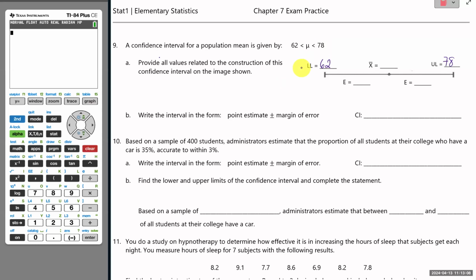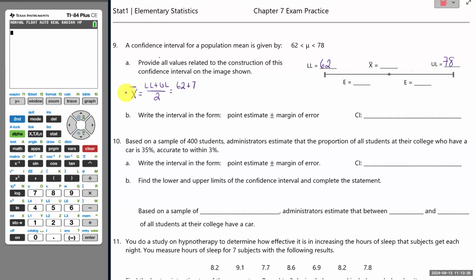All right, and we'd like to find the point estimate, the sample mean, and the margin of error for the confidence interval. So let me start with finding X bar, the point estimate. The point estimate will be in the center of that confidence interval. So if we take the lower limit and the upper limit, add those and divide by 2, we'll be averaging those values, and that will give us that center value.